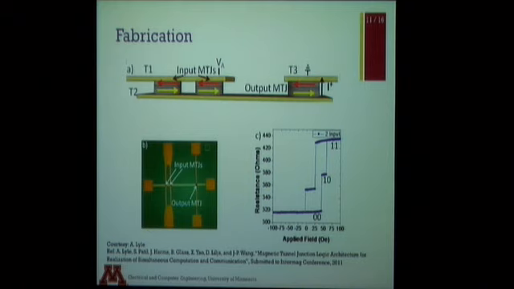Basically, it's just 3 pillars of MTJs on a common bottom lead, and the 2 input terminals are separated, and that's where voltages are applied. That's the nice curve that they got from the devices, and that verified that we are able to do the 2 input logic operations of NAND and NOR.